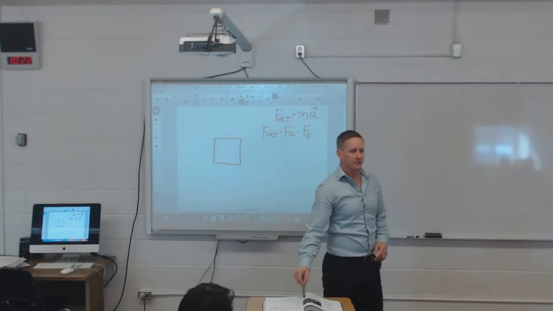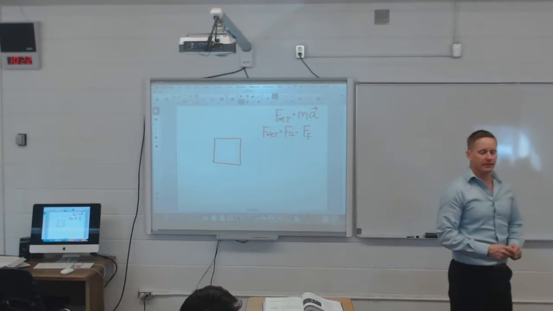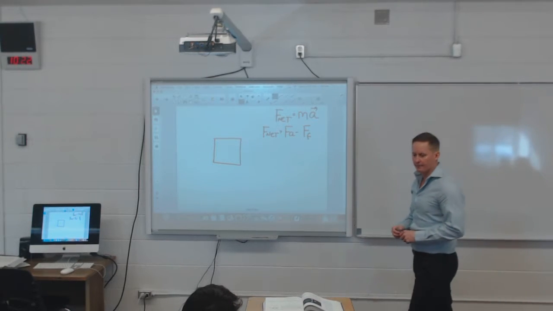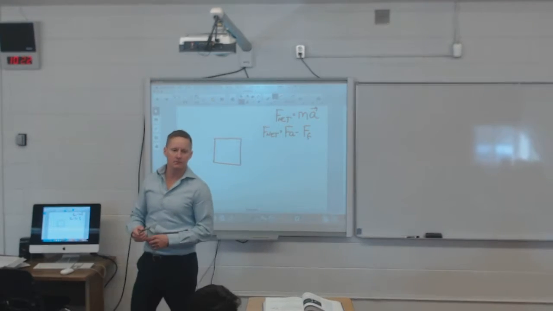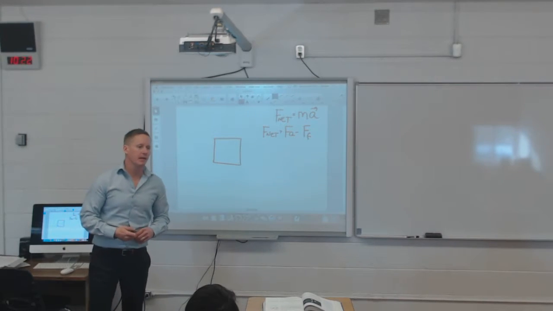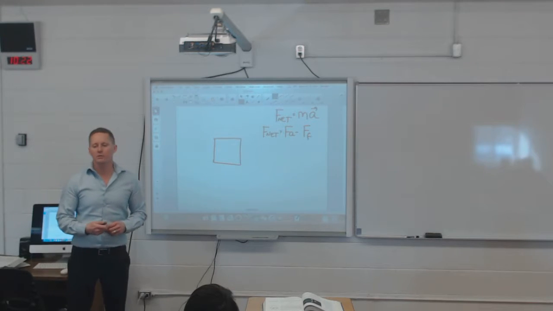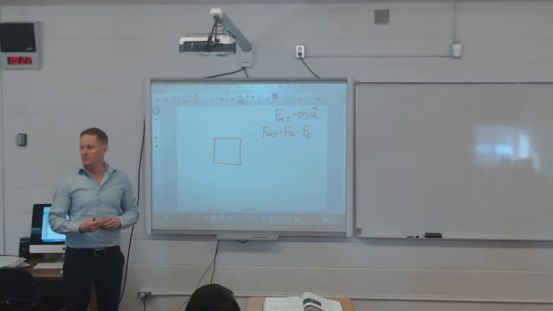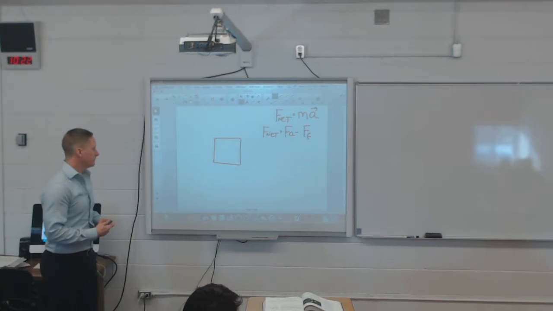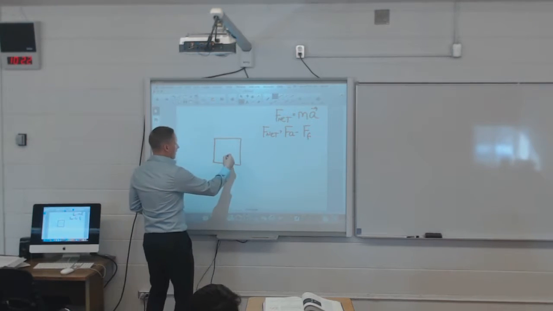It's not moving, but there are two forces acting on it. What are the two forces acting on that textbook right now? Gravity. Gravity's pulling it down. What's holding it from falling? The desk. Do we know what we call that force? You guys remember? Normal. Very good.